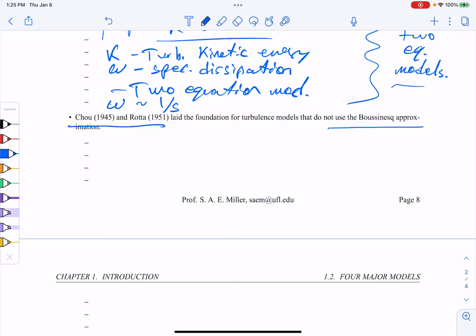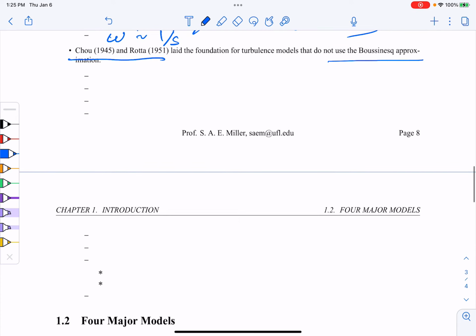So almost all these commercial CFD solvers are looking at Boussinesq approximations, and we'll look at mathematically what exactly that is today. So that's something important to remember. So we call these the stress transport models sometimes. There always seems to be like an exception for every rule.